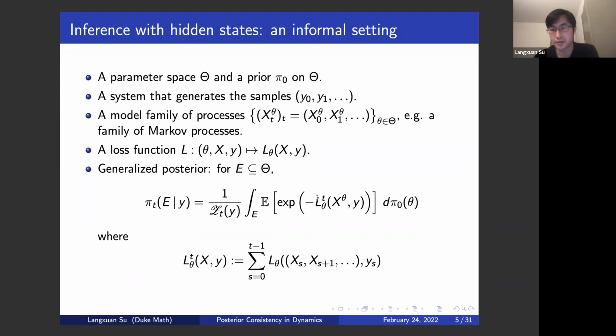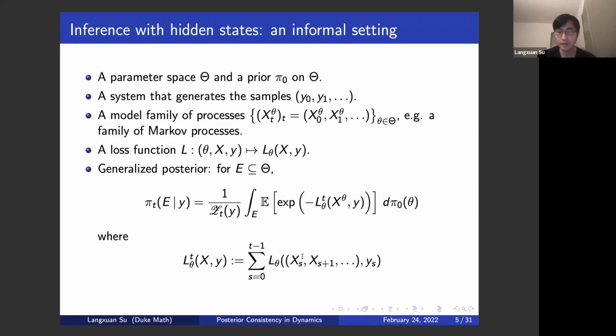Yeah, and this loss L with superscript t, you accumulate your loss up to time t, which is given here. It's a summation of your loss function for the path x starting from s to infinity and the samples at time s. So here we don't just include the hidden states at s, we include the whole path, because it's more natural to consider the whole path when we consider dependent processes.